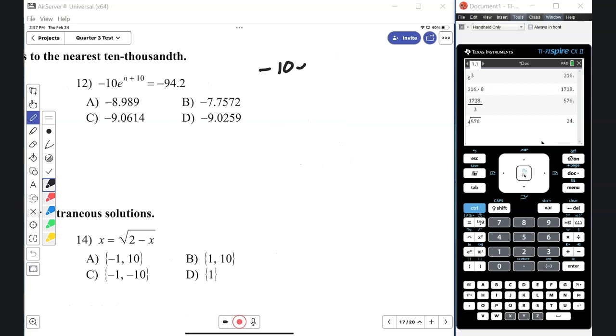We have negative 10e raised to the n plus 10 equals 94.2, divided by negative 10, divided by negative 10. So you have e raised to the n plus 10 equals 9.42.